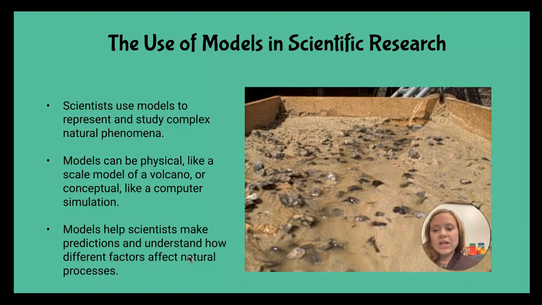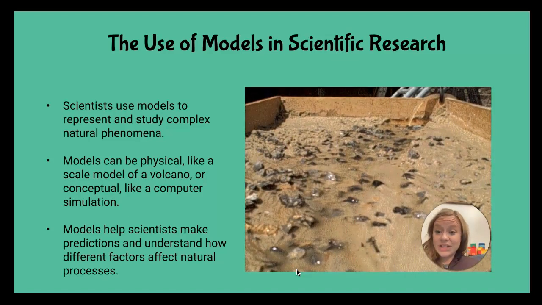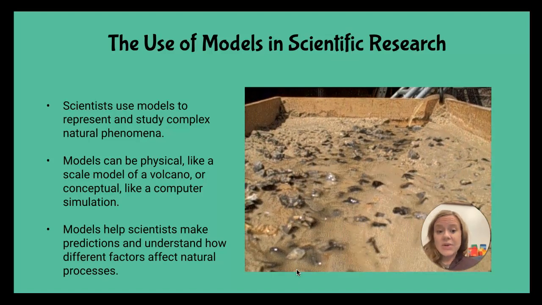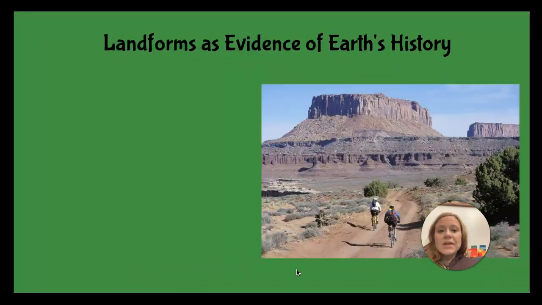For example, in the moose activity yesterday, we looked at the biomes of the Boundary Waters area, and we were able to decipher what would happen by looking at the predictions of the temperatures in the next 100 years. We were able to decipher what we think would happen to the moose if those emissions continue. So a model was created in order to make those predictions about the moose and the Boundary Waters.